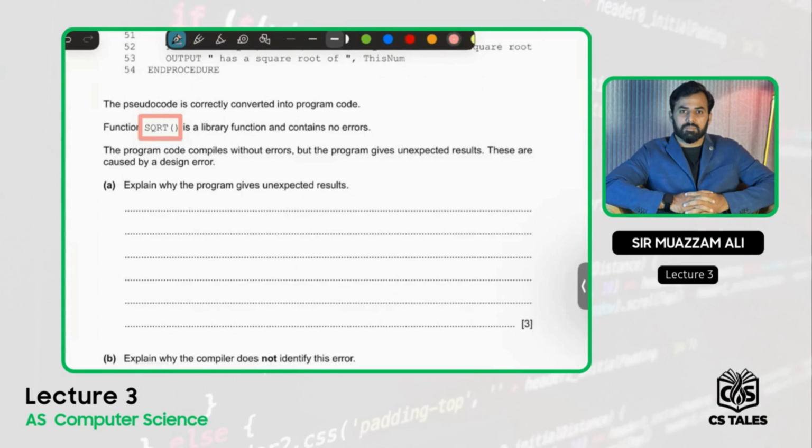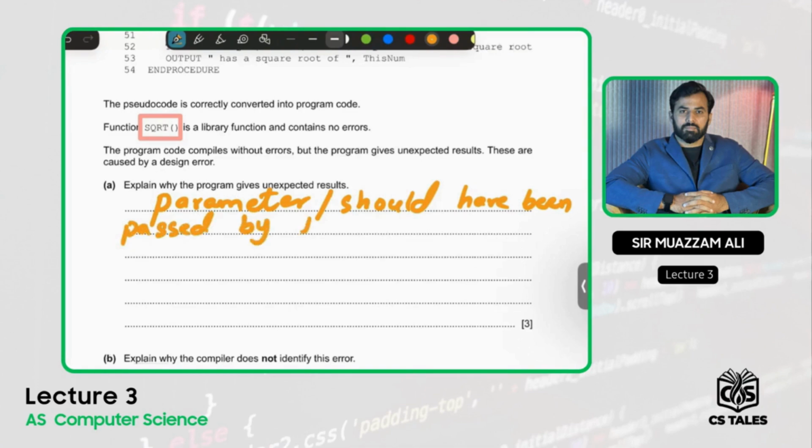Explain why the program gives unexpected results. The parameter or number must be passed by reference, or you can say it should have been passed by value. So first, the first unexpected result is due to the parameter that should have been passed by value.